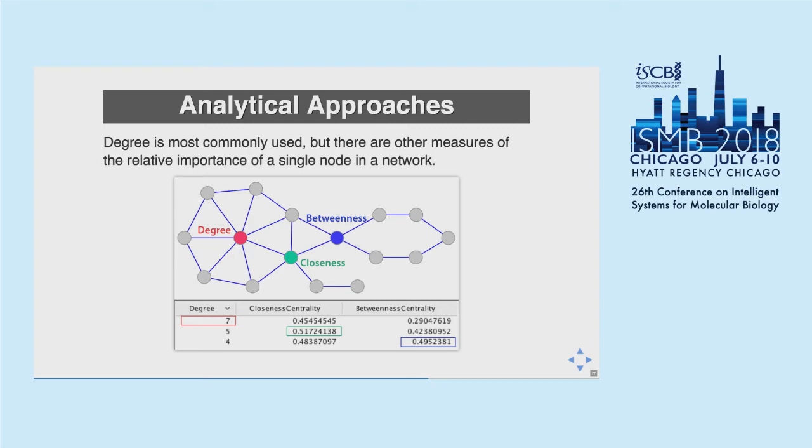Betweenness centrality, these are centrality measures. So you can have degree centrality, which gives you an idea on how hubby this is. The betweenness centrality gives you an idea on how many paths through the network go through this node, right? And then the closeness centrality says how close this node is to the rest of the network.